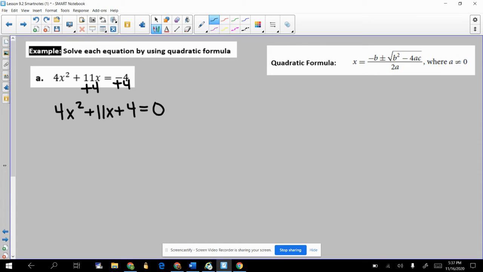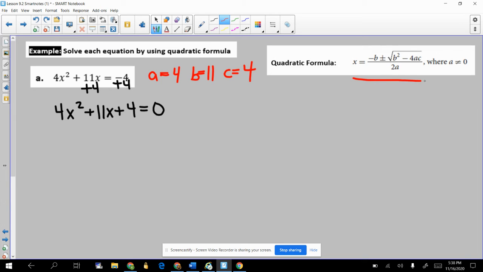Okay. So we're all good. It's in standard form, descending order, set equal to 0. Now let's identify what our A, B, and C values are. So A is this 4 out front. B is this 11. And C is the constant 4 that we just added over.